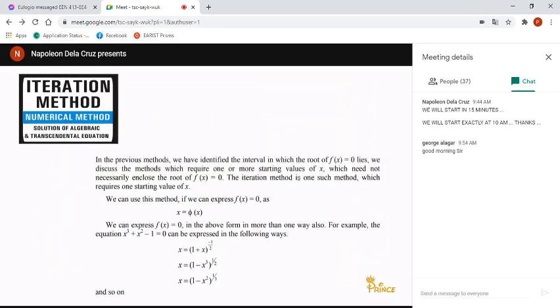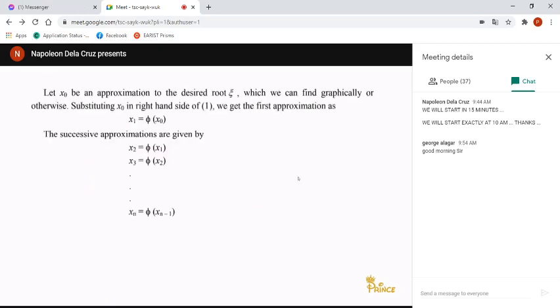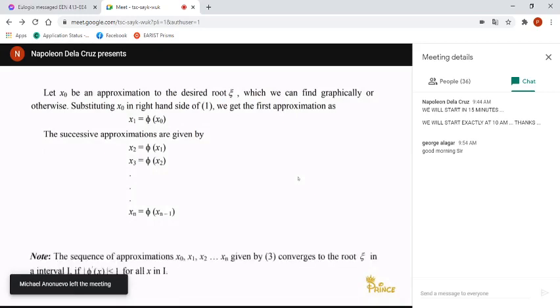Okay, these are just part of your readings. Ito lamang ay mga explanation, procedure, and this will just be part of your readings. Okay? Anyway, later on, sa-summarize ko yan in a procedure form or algorithm.